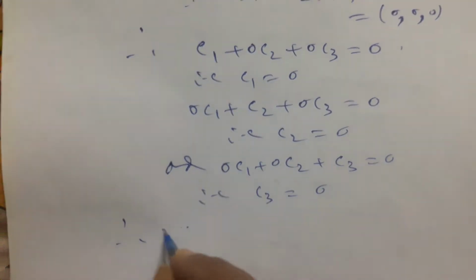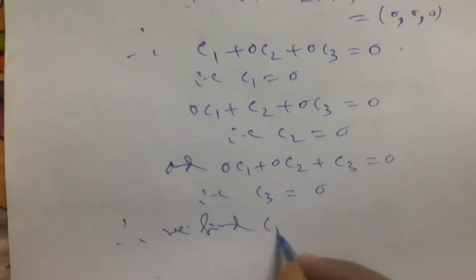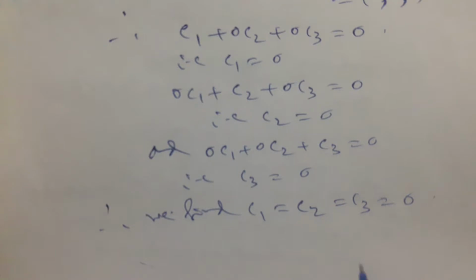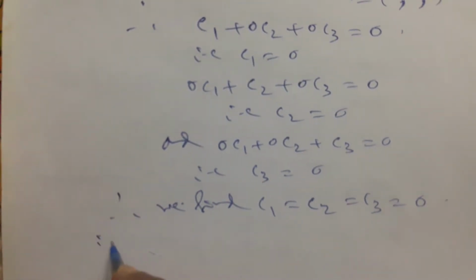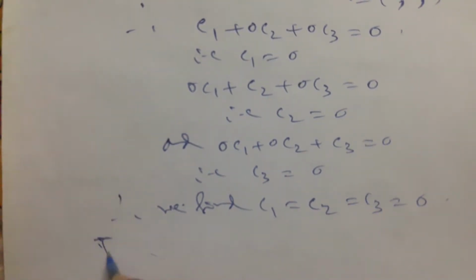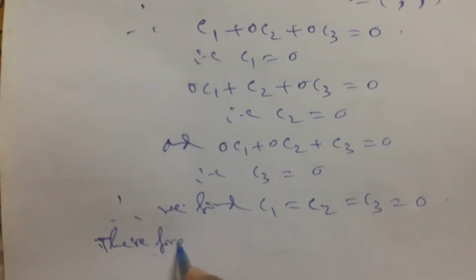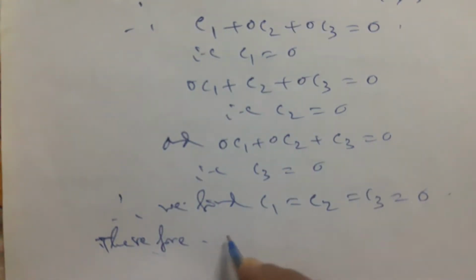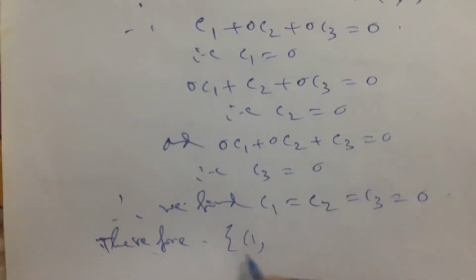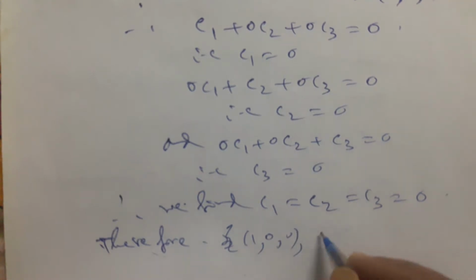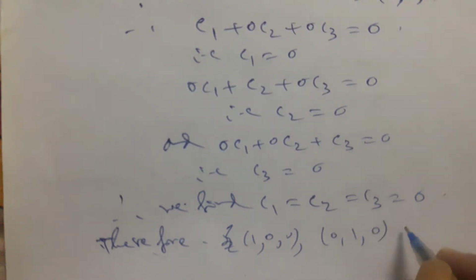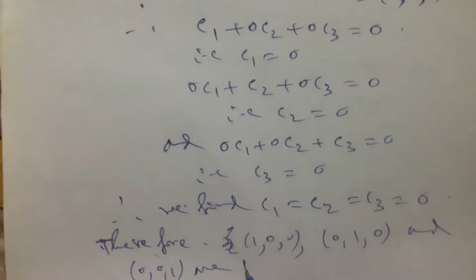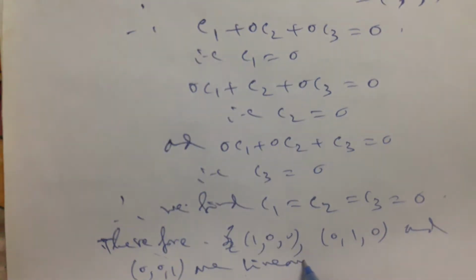So we find the scalars c1 is equal to c2 equals to c3 equals to 0. Since all of the scalars are 0, therefore these vectors like this, 1 0 0, 0 1 0 and 0 0 1, are linearly independent.